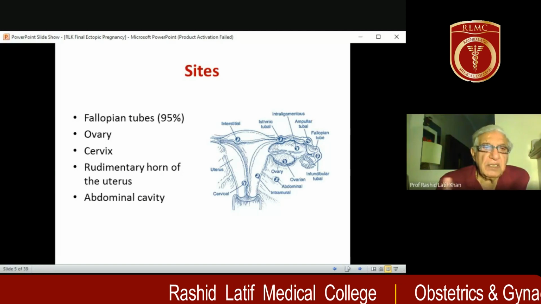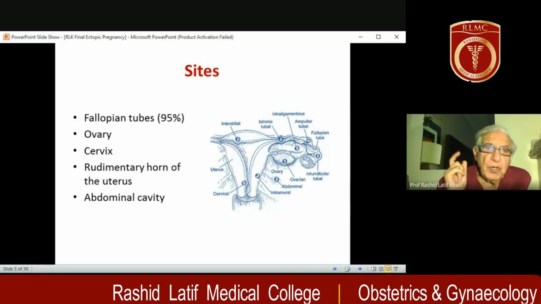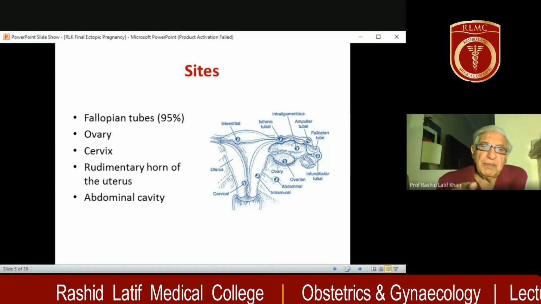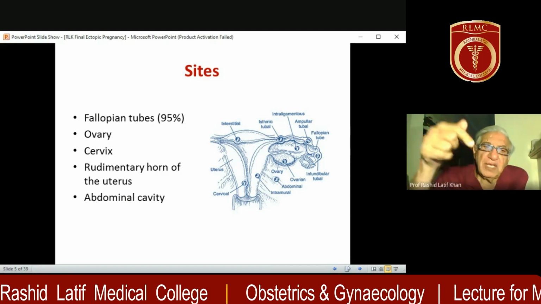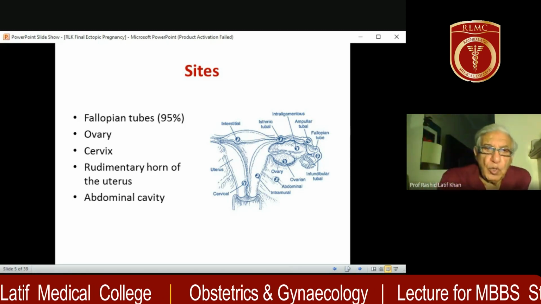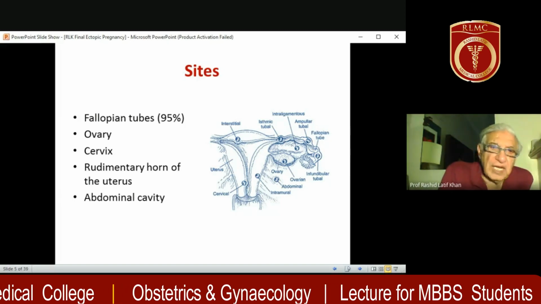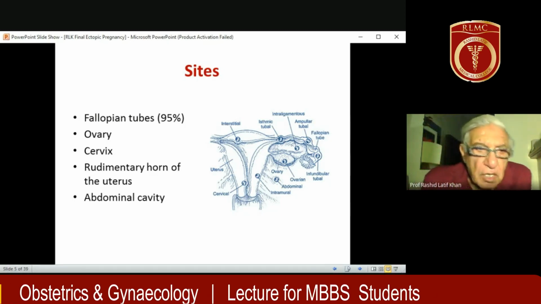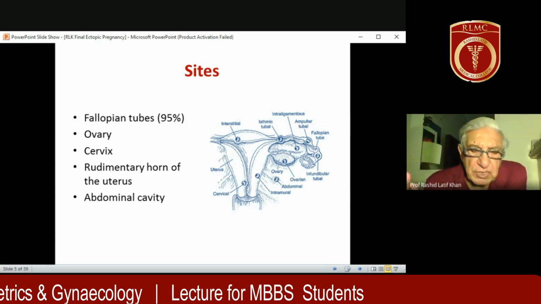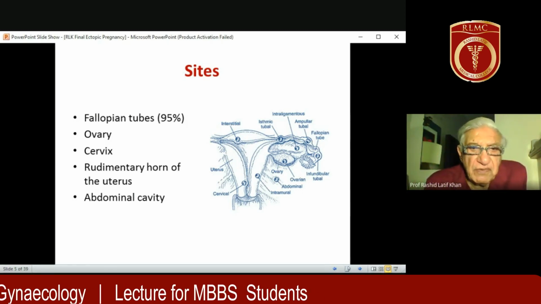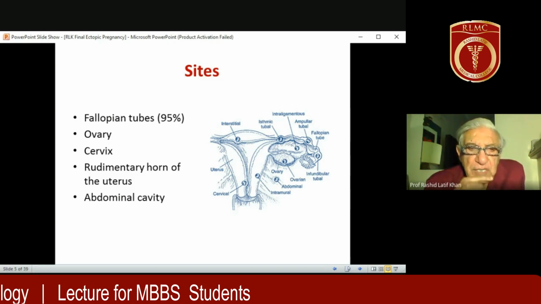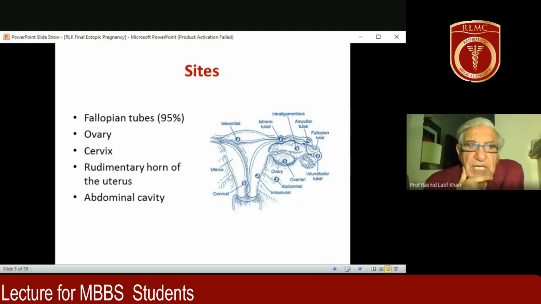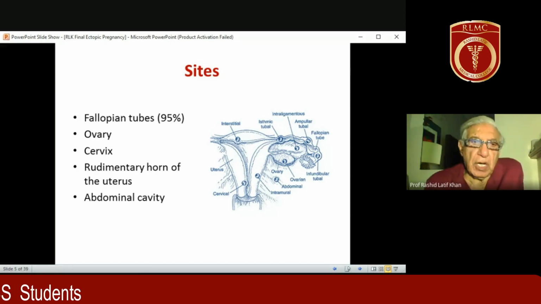And second is the cervix. Normally that fertilized egg should implant in the uterine cavity. But if it comes down too low into the cervical canal, that is not the normal place it should be. So it is called cervical ectopic pregnancy. At the same time, if near the cervix in the lower segment there is a scar in the uterus, it's very common for pregnancy to implant at the scar, which will again be ectopic.